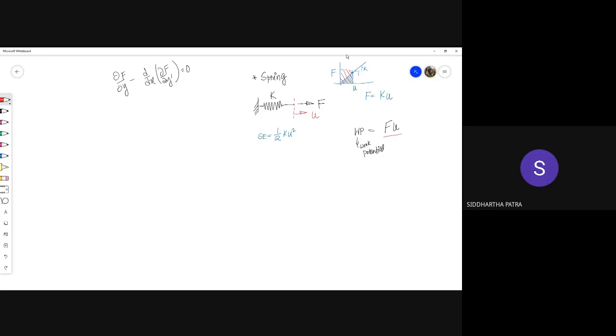So if the source could move an object by a distance of u and apply a maximum force of F, this is the maximum work the source could have done on any object.